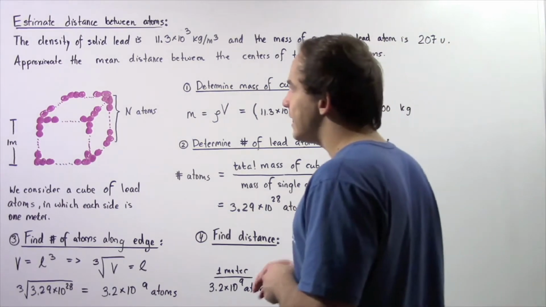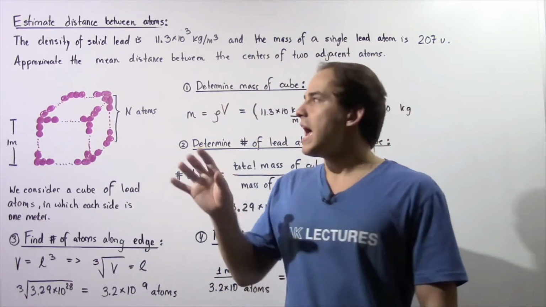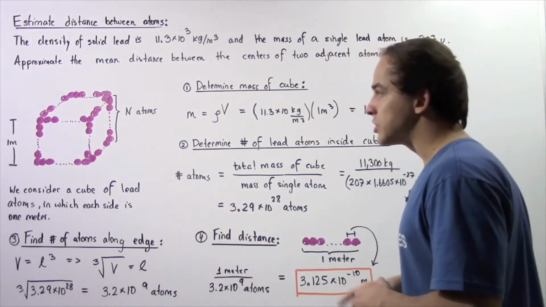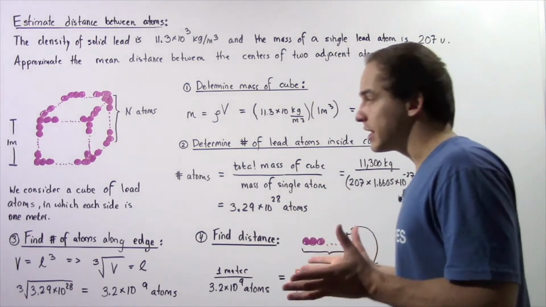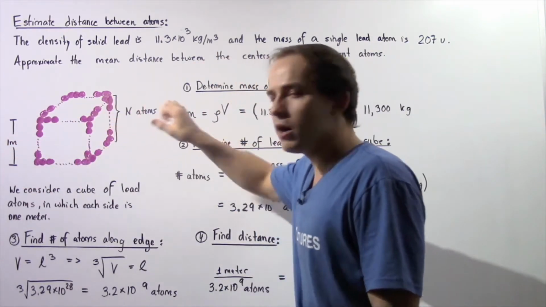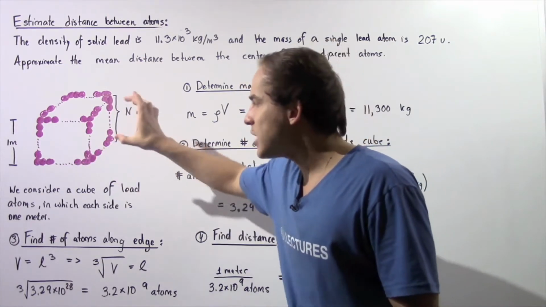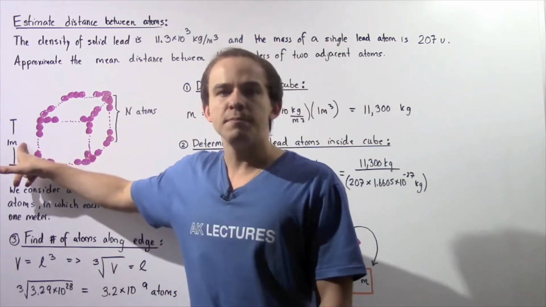So before we begin, we have to define the shape and size of our solid lead object. The shape and size could be anything. So let's suppose we want to consider a cube of lead atoms in which each edge has a length of 1 meter.